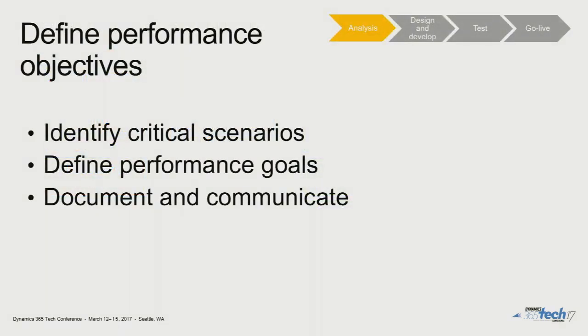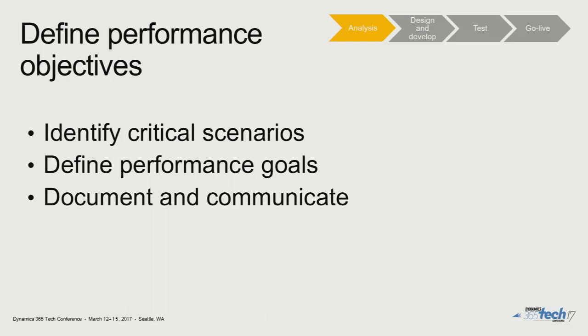So from a performance objective point of view, it's really important to identify what the critical scenarios are. So this is obviously going to be based on the type of organization, the industry, what are those critical processes that we need to ensure we're seeing the system response that we would expect so that business is not impeded by the process.